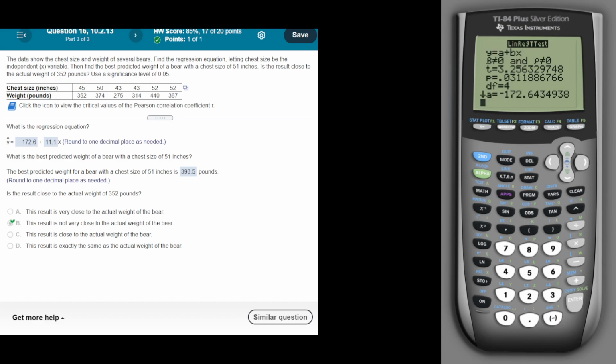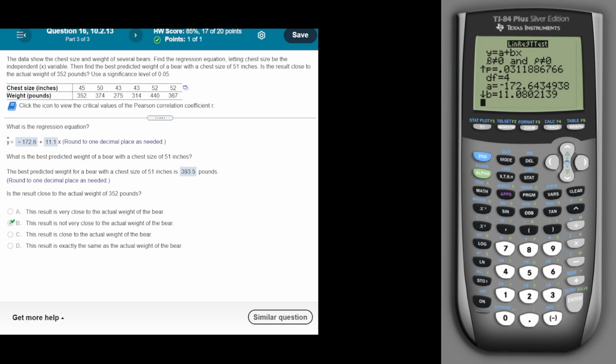It asks, what is the regression equation? You need your a and b. At the very top it says y equals a plus bx. Whatever your a is, you put over here: a equals negative 172.6. If you have good eyes, you should be able to get this right.